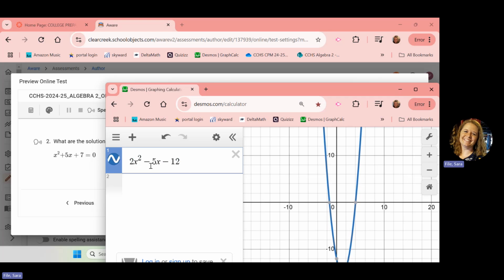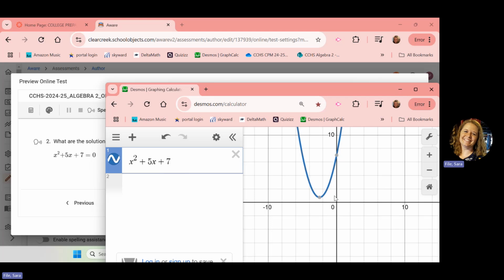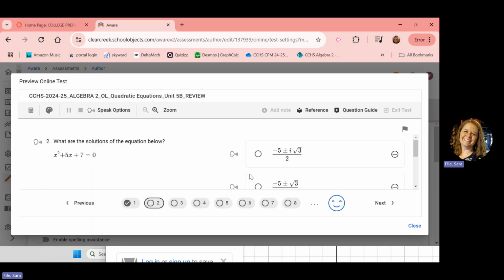So I can easily eliminate two answer choices. So I can see my parabola does not touch the x-axis. So my solutions are going to be complex and imaginary. So I can immediately eliminate these options that don't have an i.